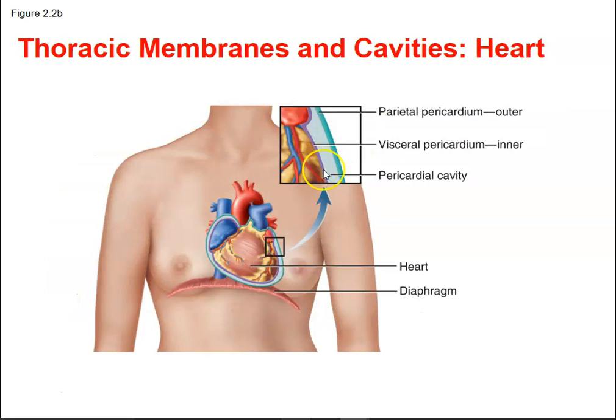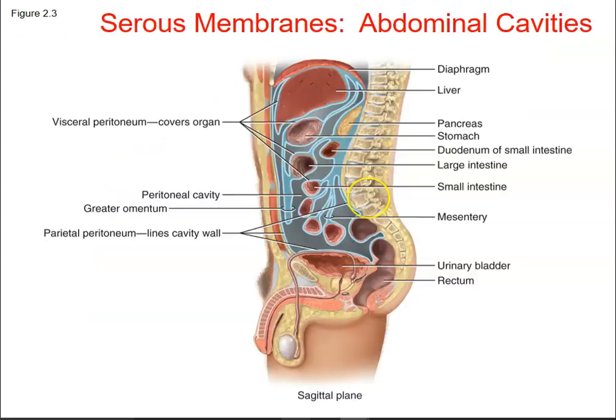There is a similar structure for the heart. The heart also has two membranes wrapped around it. Between those two membranes is the pericardial cavity. The visceral pericardium covers the heart. The outside membrane is the parietal pericardium. You can see the serous membrane lies along the wall of the cavity. It also covers organs.